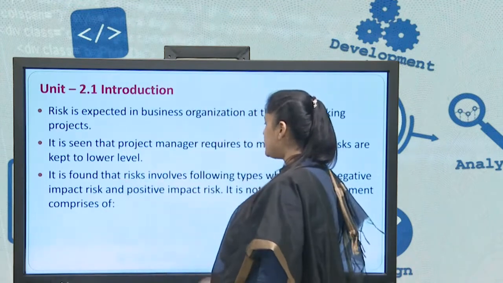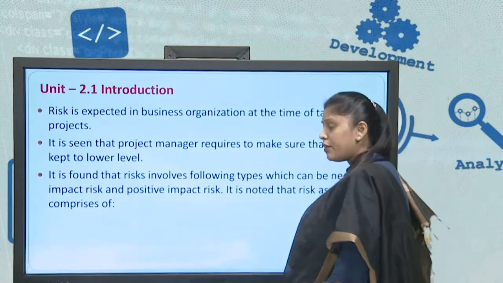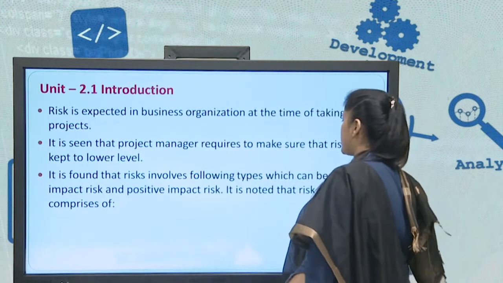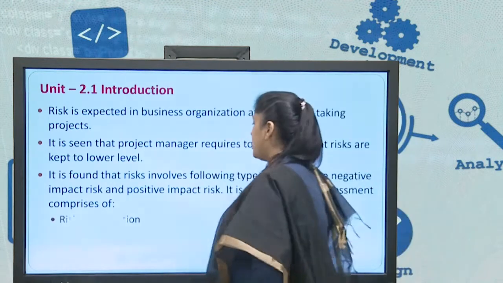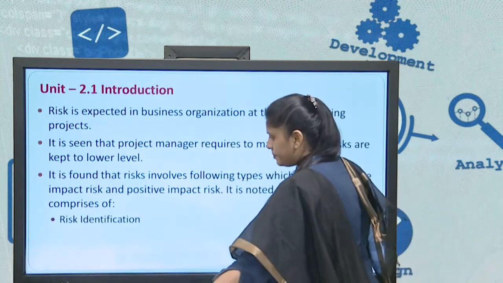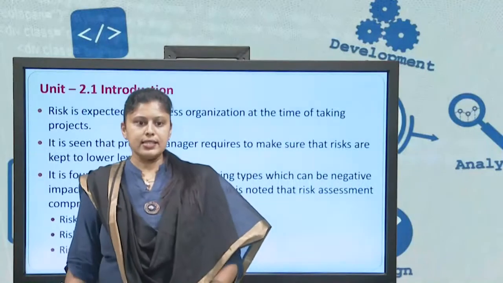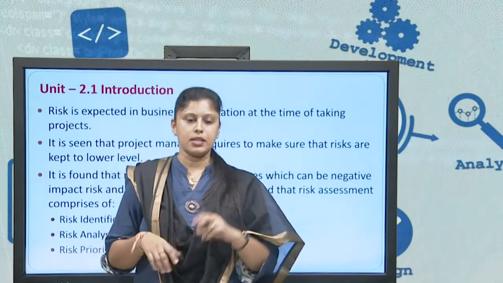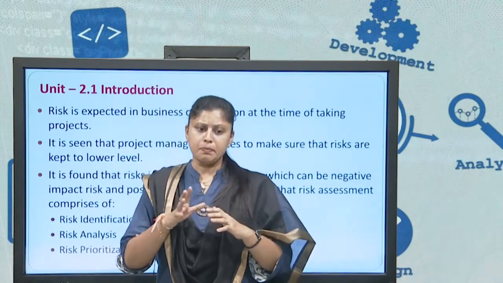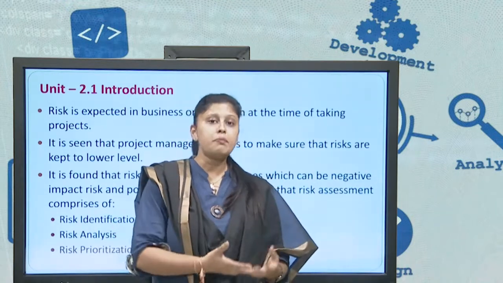It is found that risks involve the following types: negative impact risk and positive impact risk. It is noted that risk assessment comprises risk identification, risk analysis and risk prioritization. The risk associated with your software has two kinds of impact: the impact may be negative, and sometimes it can even be positive.